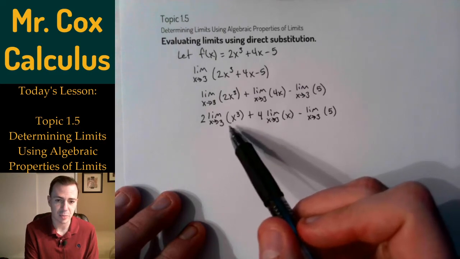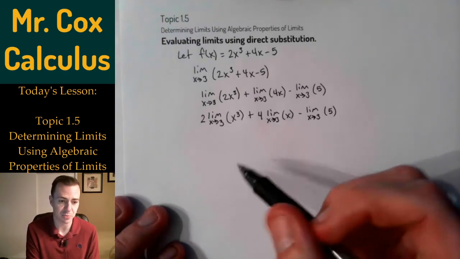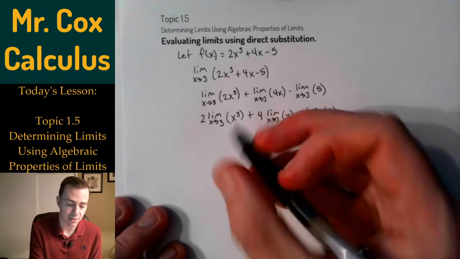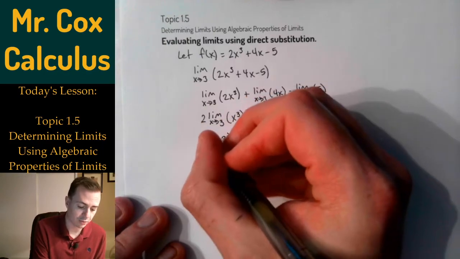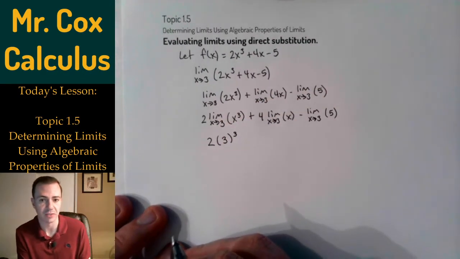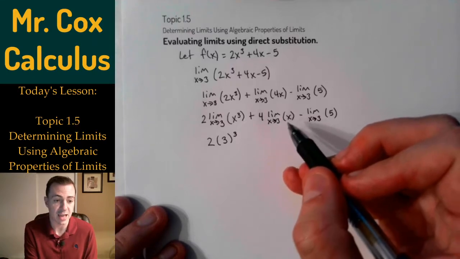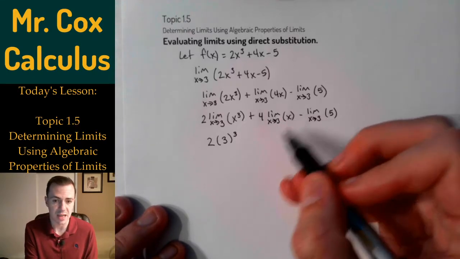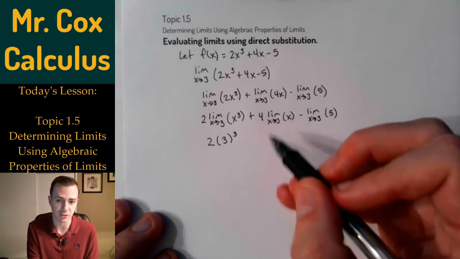If I look at the limit as x approaches 3 of x cubed, there's my x to an integer power. I can simply say that's equal to 3 cubed, and then of course I have that 2 out in front of it. The same thing is true here. The limit as x approaches 3 of x: if we look at that linear parent function, whatever x is approaching, the function is also approaching.